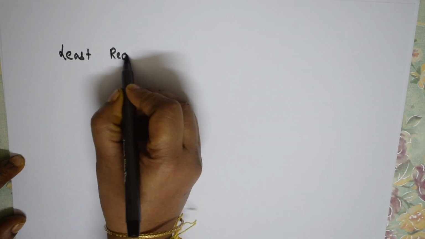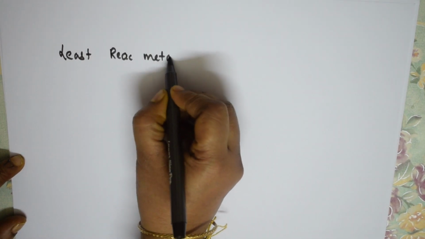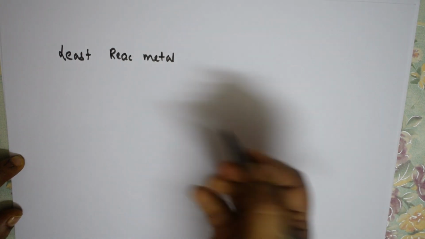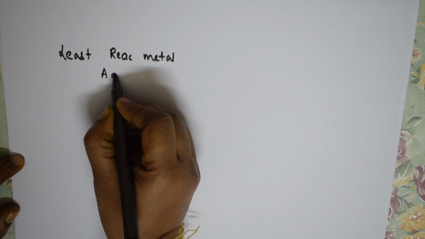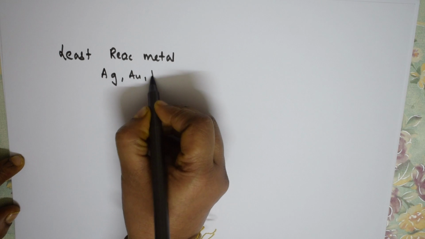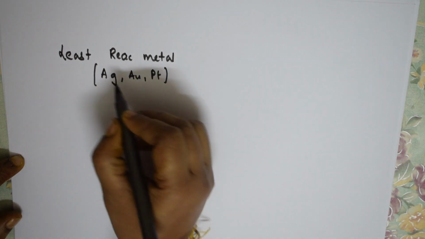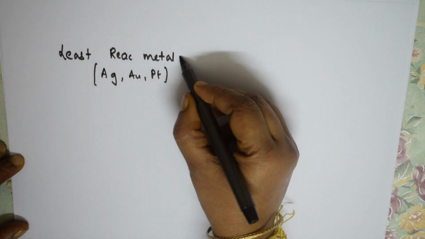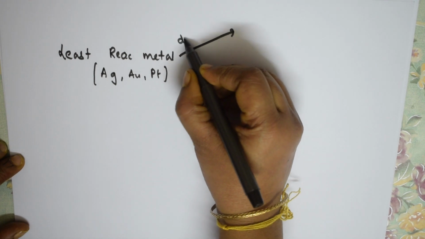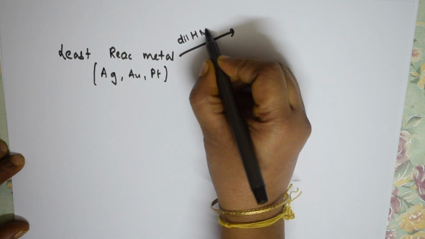Okay. Now as I said, there are 3 conditions, correct? Now let us write. Suppose you have a least reactive metal and you are trying to combine. So what are the least reactive metals? As I said, it is silver, gold, platinum, which are below hydrogen in the reactivity series. Suppose you are combining this with dilute HNO3, correct?